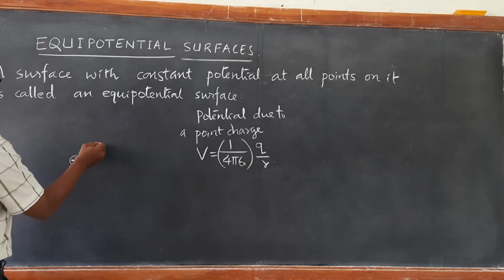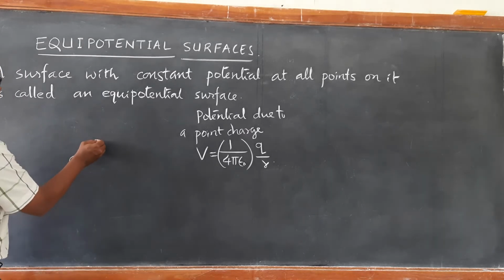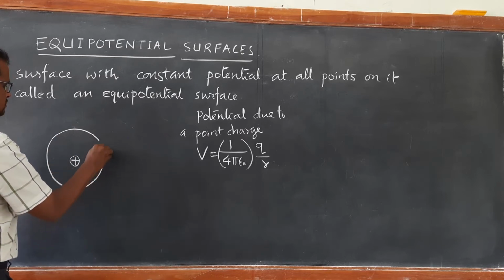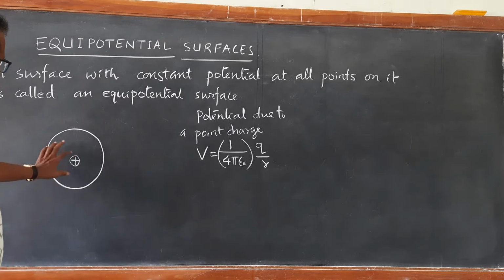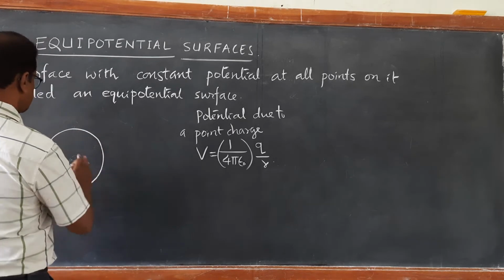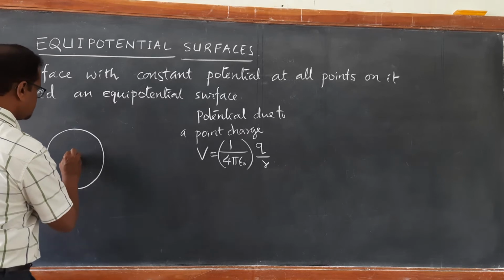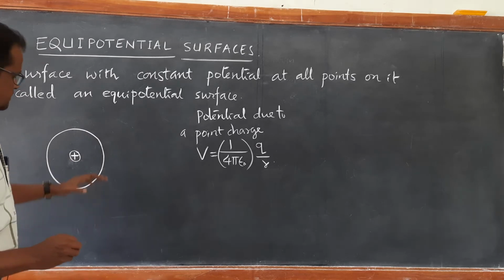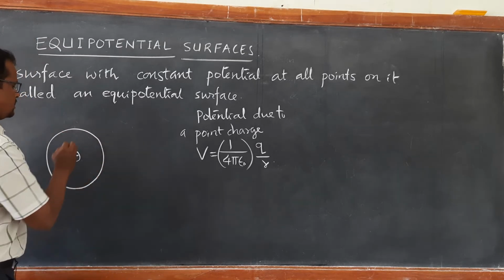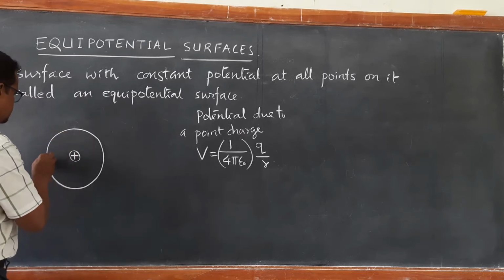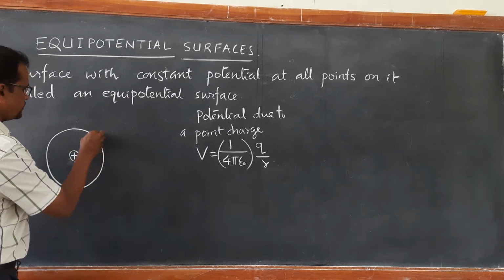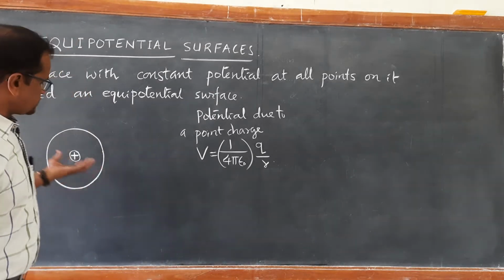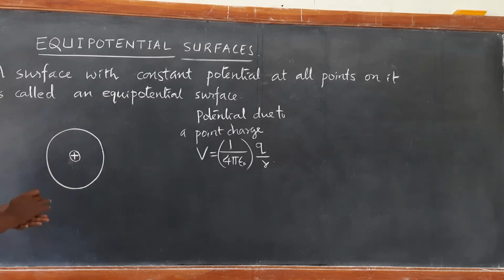So, at a particular distance, suppose this is the distance R, if you draw a sphere with the charge as the center, then this spherical surface at distance r has all the points with the same potential. Like this we can draw concentric spherical surfaces around the point charge.